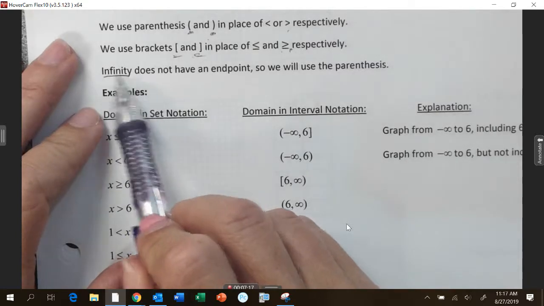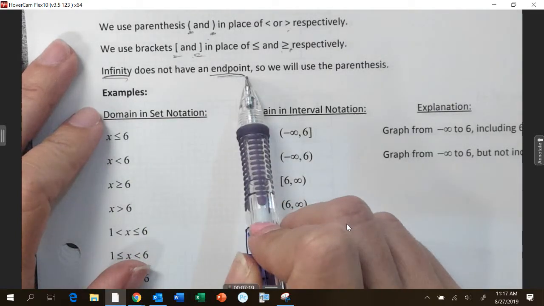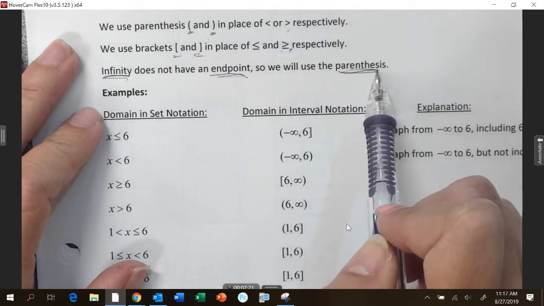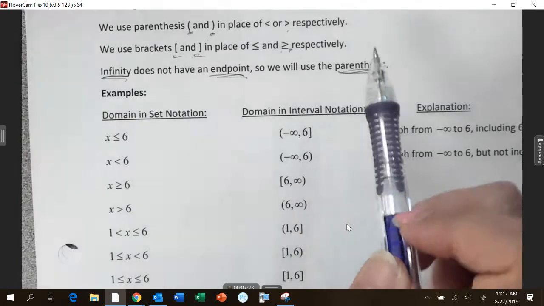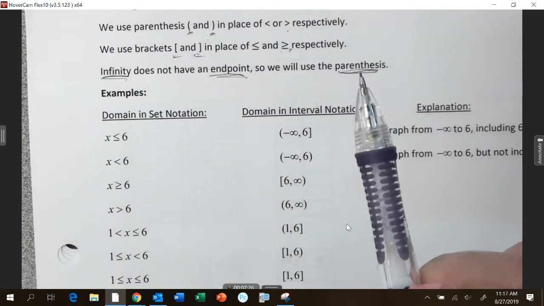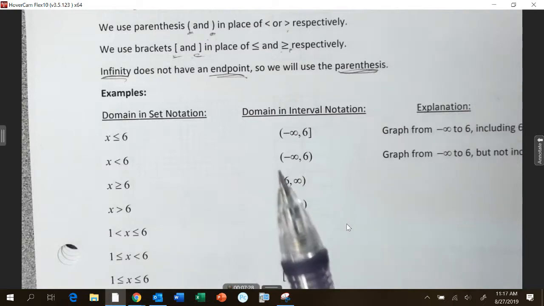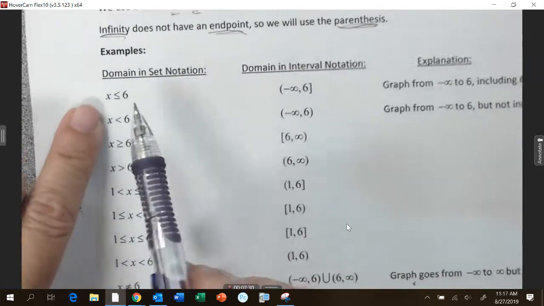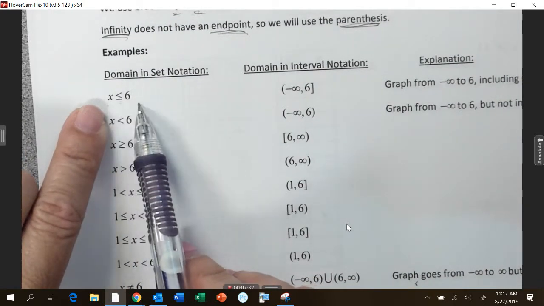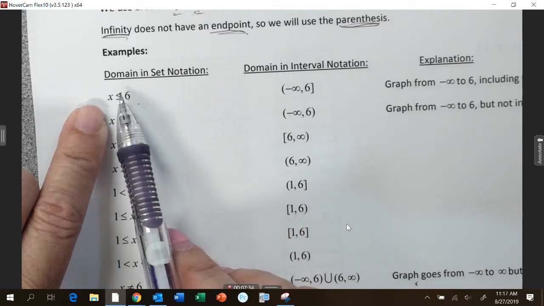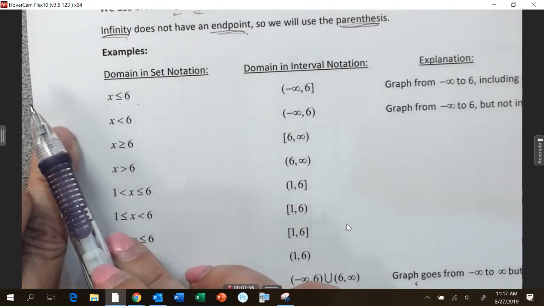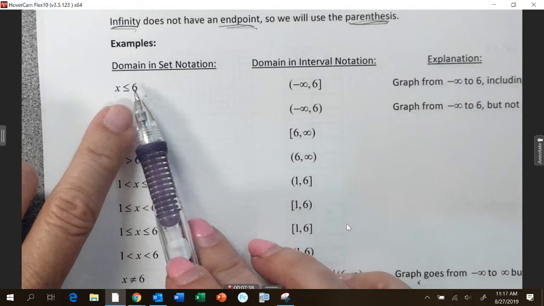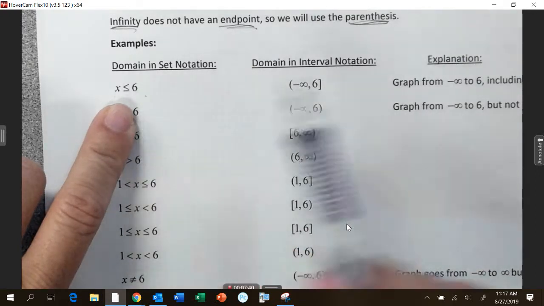But keep in mind that infinity is not an end. So we use parentheses for infinity because it can never technically equal infinity. It can just be that direction. So when I look at this example, x is less than or equal to 6, that's telling me it goes all the way down to -infinity and it stops at 6. It can equal 6.